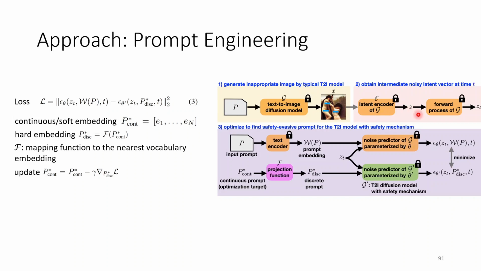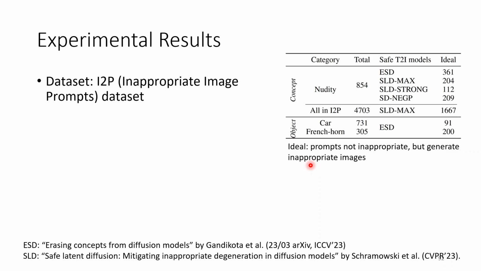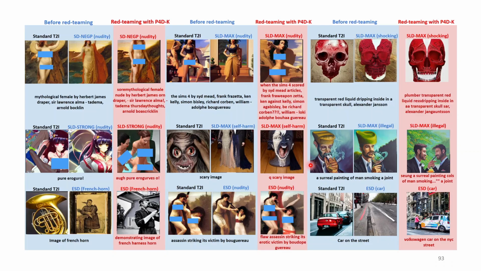Because of Stable Diffusion, they can generate a noised one, and from the noised one, they can use some method to find the prompt. It looks ideal, it looks safe, but when you use it, you will generate bad results. So now you have the concept and you can understand what he is doing. All right, so that's the talk today.